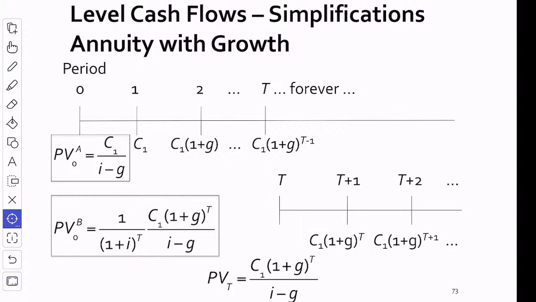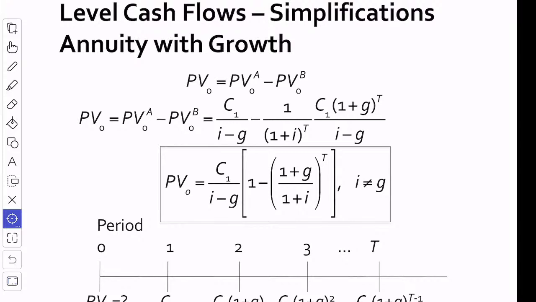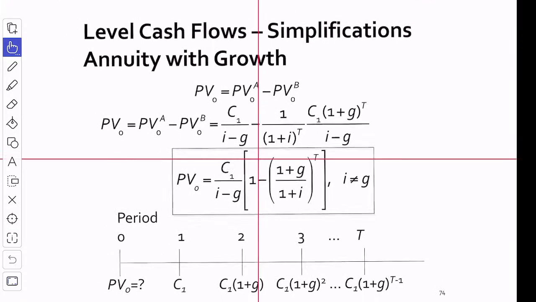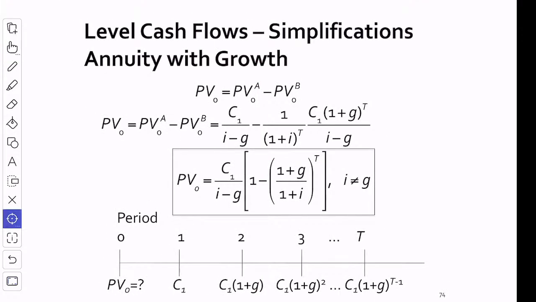And then take these and subtract these later cash flows. So I'm going to take present value of A minus present value of B, both times 0. And that will give me the formula. So those two subtracted, this amount subtract this, and then I pull this out as a factor.